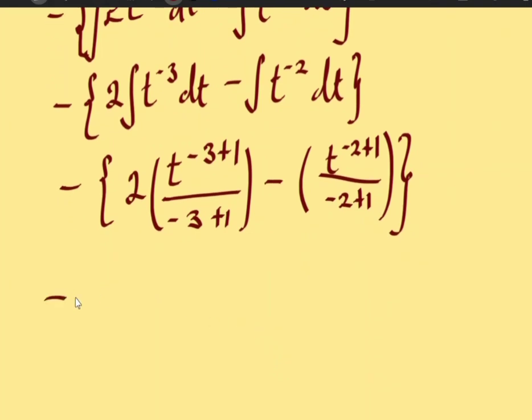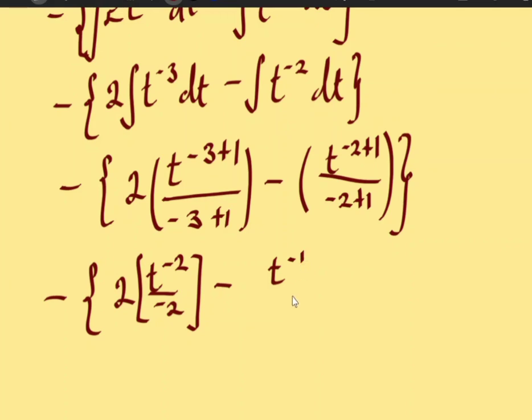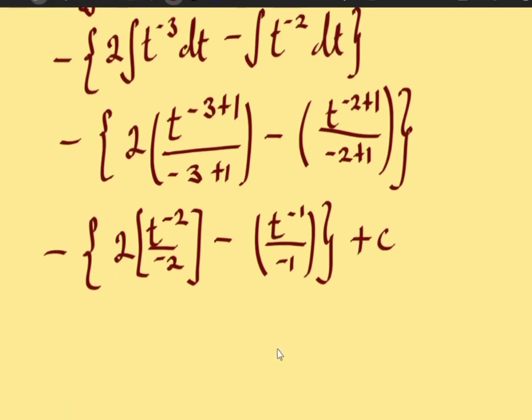So we have t to the power minus 3 plus 1, which gives us -2, over negative 2 here, then minus what we have here, t to the power minus 1 over negative 1, plus c, the constant of integration, which we will still use in our final answer.